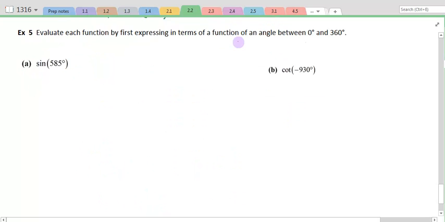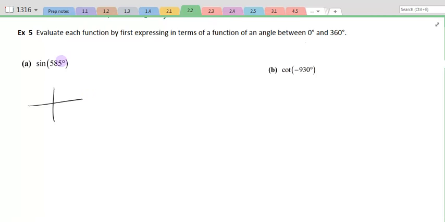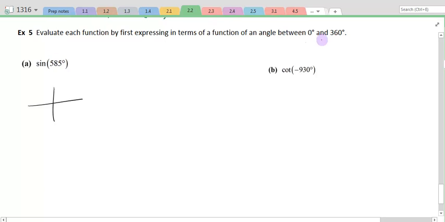So this last example asks us to evaluate the function, but I want to be able to do it in terms of some numbers between 0 and 360. So it's similar to what we've been talking about already, but in other words, I'm really looking for a coterminal angle that's coterminal with 585 degrees, but it falls between 0 and 360.